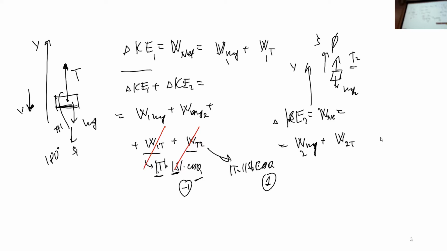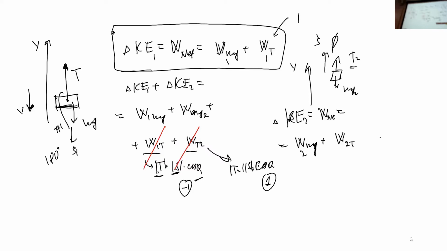But in this situation, if you want to calculate tension, you can use the work-energy law for only one object. It doesn't matter which, because the force of tension comes into the work, and the magnitude is the same for both.